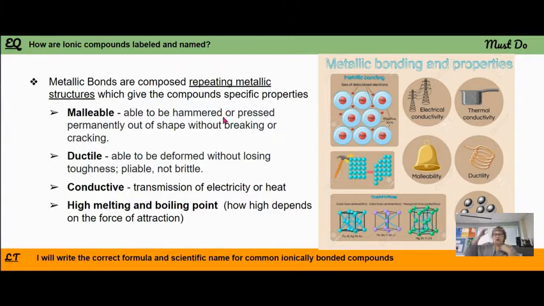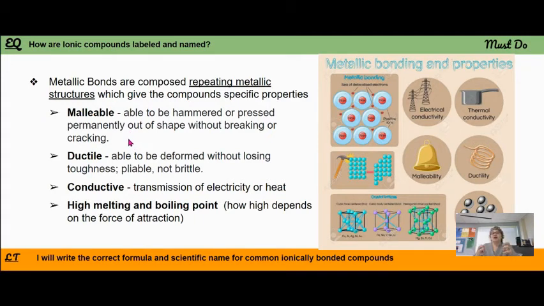So if we're thinking about, let's say, gold, gold is malleable. What that means is that you can hammer or press or do something to it to shape it without breaking or cracking it. And so, when you saw in the video, you saw him hitting the gold with the hammer. All that was doing was spreading it out, right?